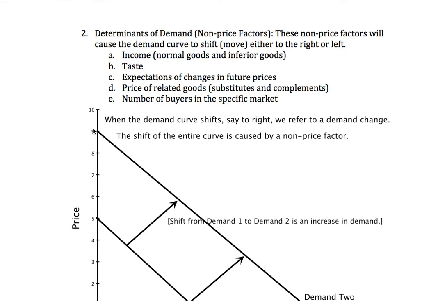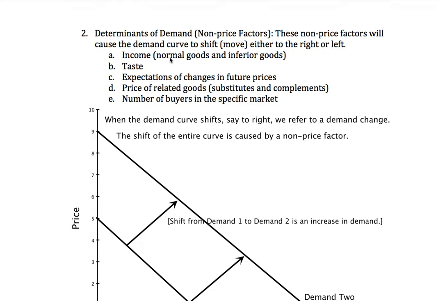So you can see here our non-price factors would include income. Well, if I make more money, I will probably end up buying certain goods that I would not have purchased previously if I did not have more income.